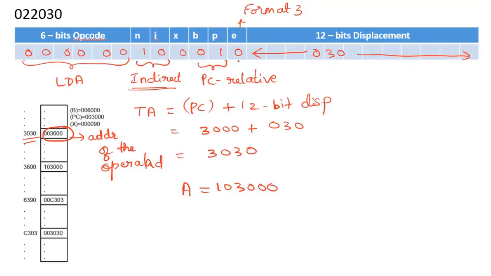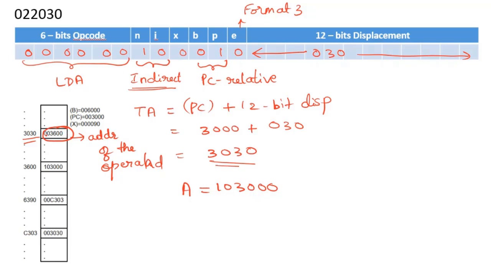Please understand, we have identified it as PC relative as well as indirect form of addressing. If it is PC relative, we know how to compute the target address: PC content plus 12-bit displacement. When we do that, we will get one address. Go to that address, get the value from that address. Is that the actual value? No. Instead, it acts as an address of the operand.